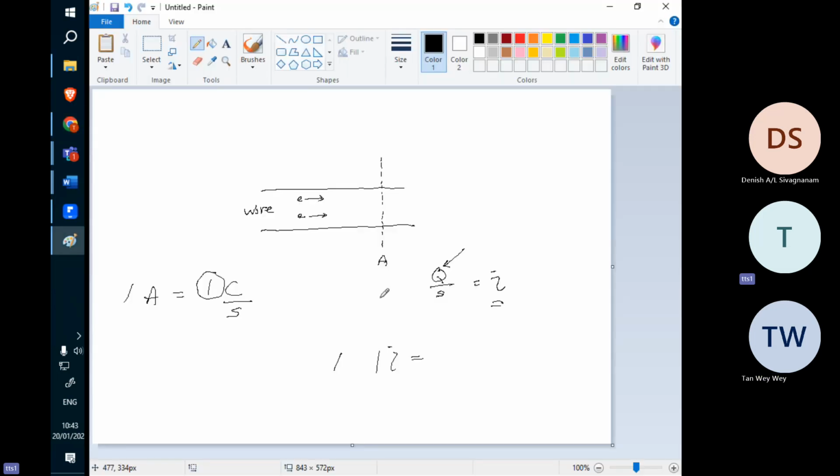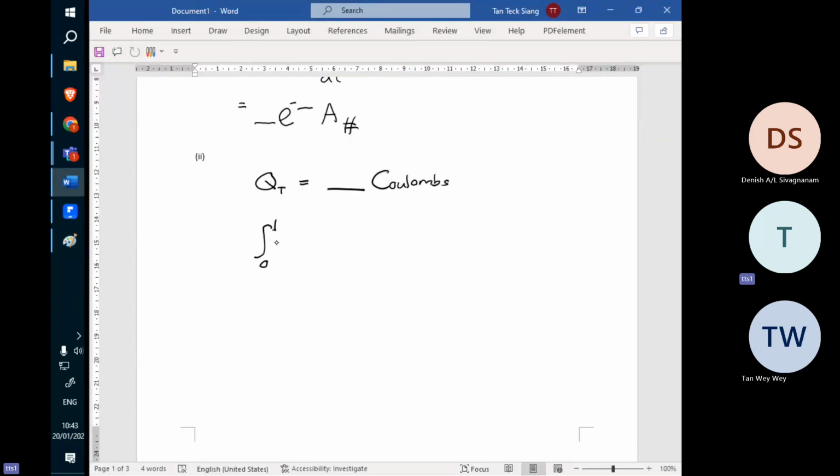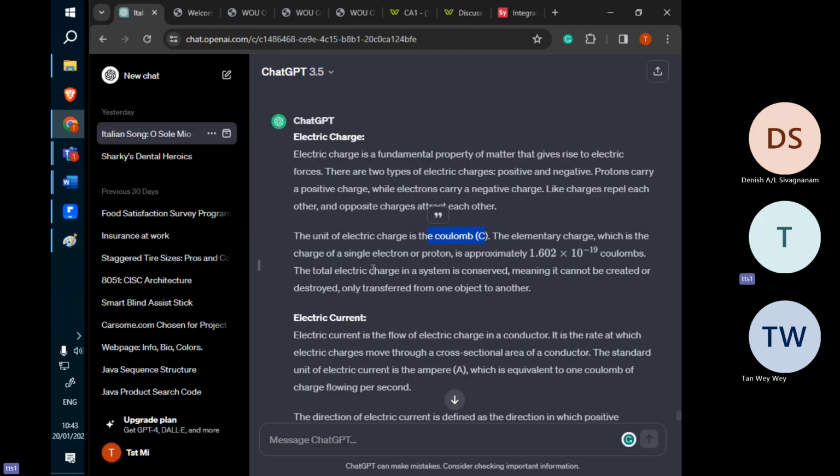So we can use the integration from 0 to 1, and use the current function, because the current measures the total amount of charge flowing through the device at 1 coulomb per second.